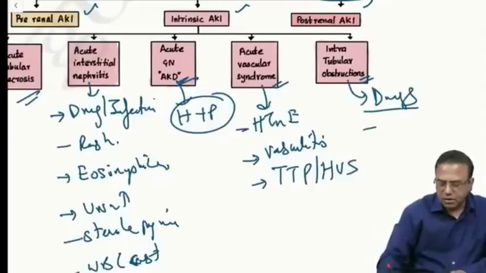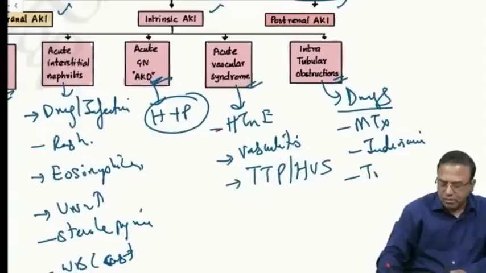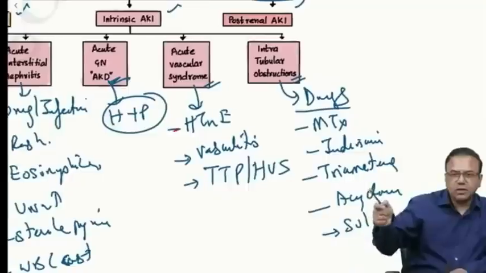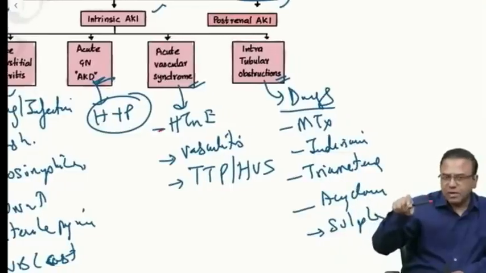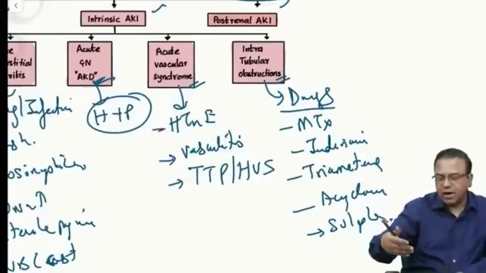And these drugs are methotrexate, then you have indinavir, then you have triamterene, acyclovir, sulfa drugs. So typically these are the drugs that crystallize in the tubule and precipitate, and since they are inside the nephron, had it been in the ureter, hydronephrosis would have occurred.